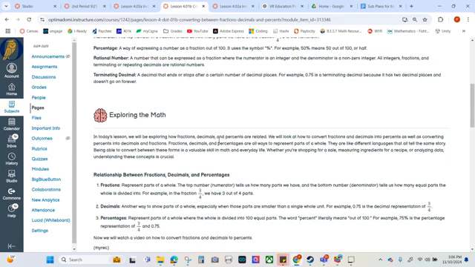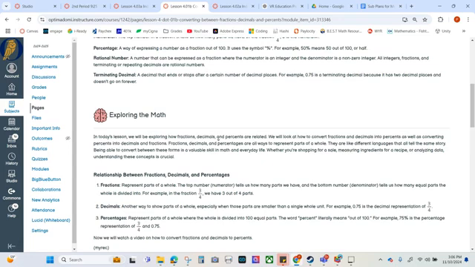Fractions, decimals, and percentages are all ways to represent parts of a whole. They are like different languages that all tell the same story. Being able to convert between these forms is a valuable skill in math and everyday life. Whether you're shopping for a sale, measuring ingredients for a recipe, or analyzing data, understanding these concepts is crucial.